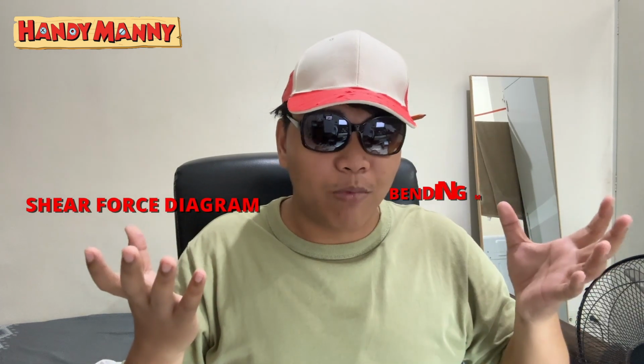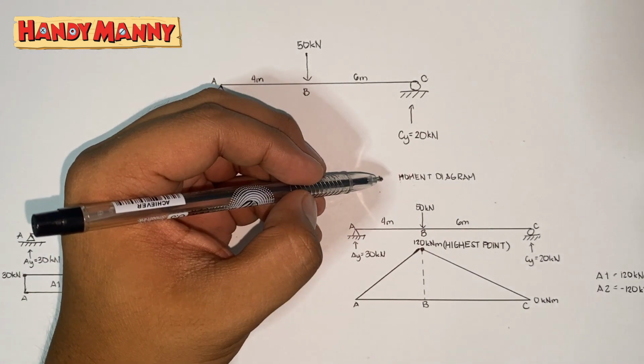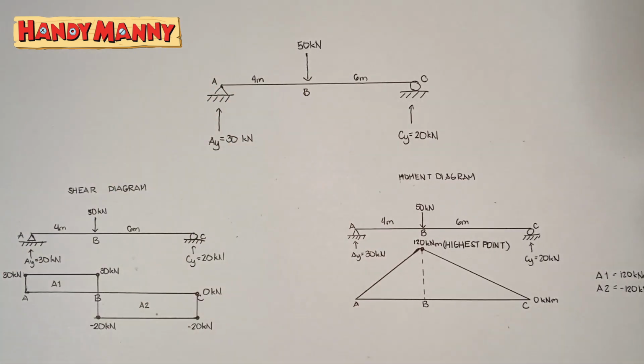Now, we've learned about both the shear force diagram and the bending moment diagram. Let's put them together. The shear force diagram shows where the beam is being pushed or pulled, and the moment diagram shows where it's bending the most. Together, these diagrams help engineers design strong structures that won't break or bend too much.